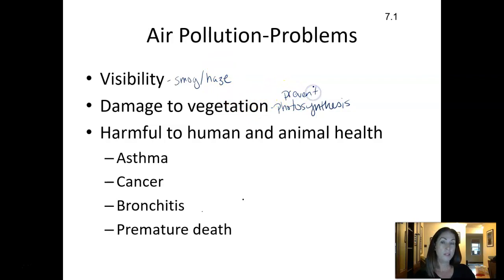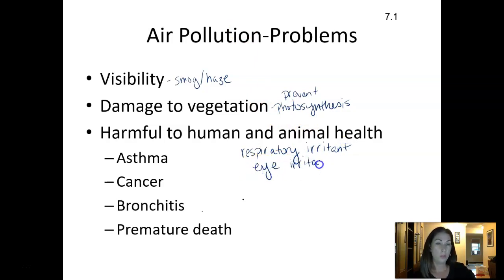Now, one of the key things that we focus on with air pollution is that it can be very harmful to both human and animal health. It targets mostly respiratory irritants or eye irritants, because that's where the air will encounter our bodies first. So oftentimes we say it irritates the respiratory system or the eyes. Some very specific human health problems are asthma. It can aggravate asthma.